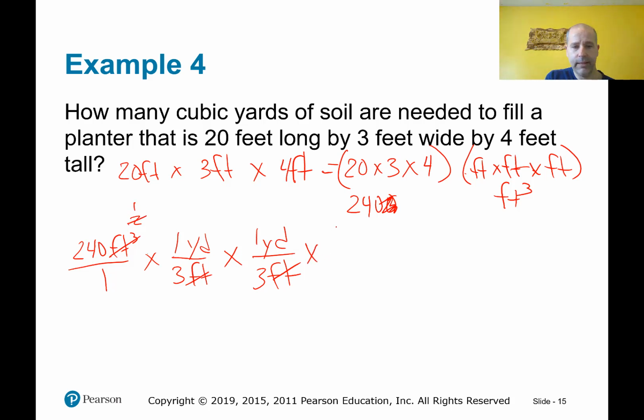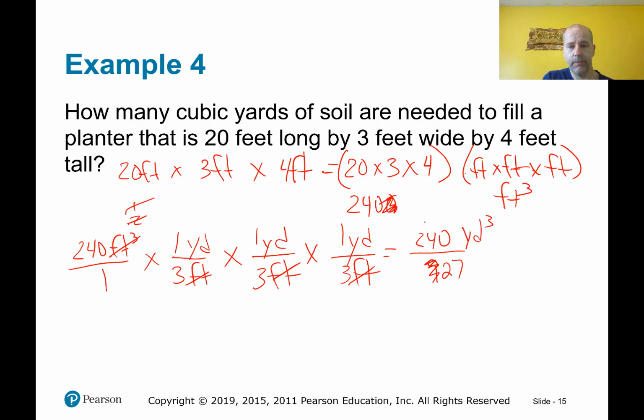And then finally, 1 yard over 3 feet, okay? And then, of course, this is going to equal 240 over, not 9, 27, and it's cubic yards.